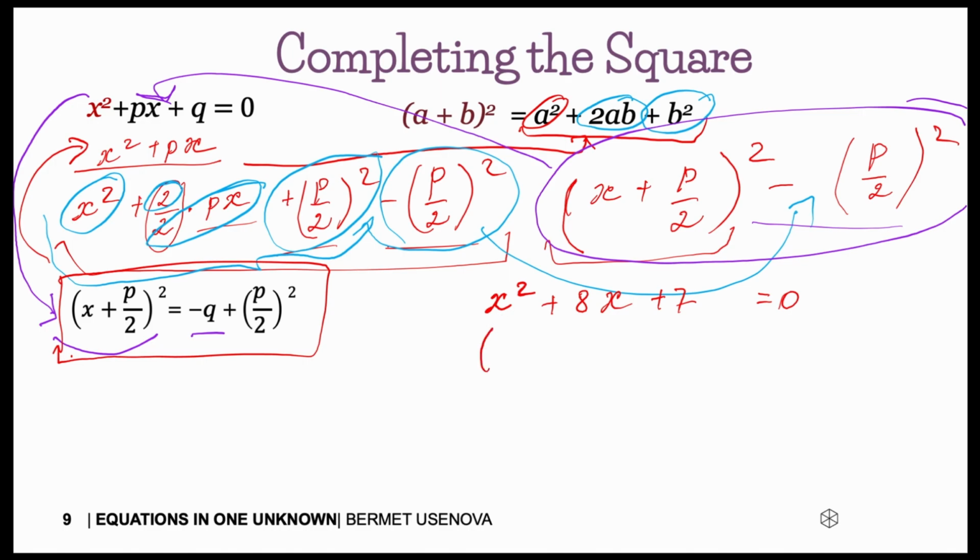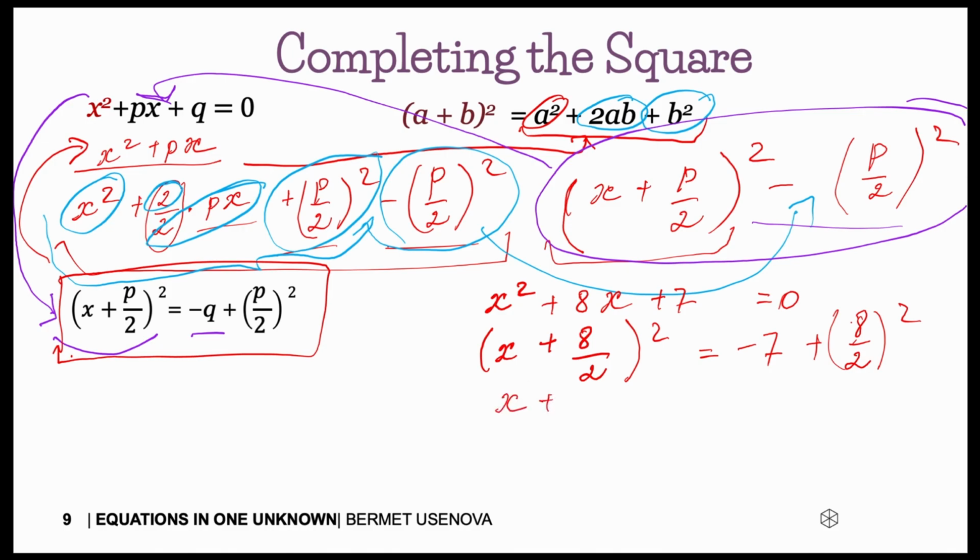By using the shortcut, we can rewrite it as follows: x plus 8 divided by 2, squared, equals minus q, which is minus 7, plus 8 divided by 2 squared.